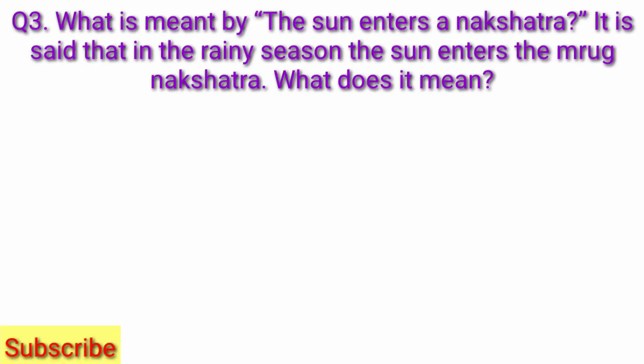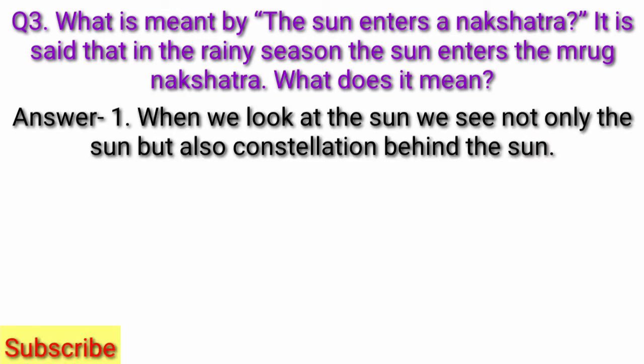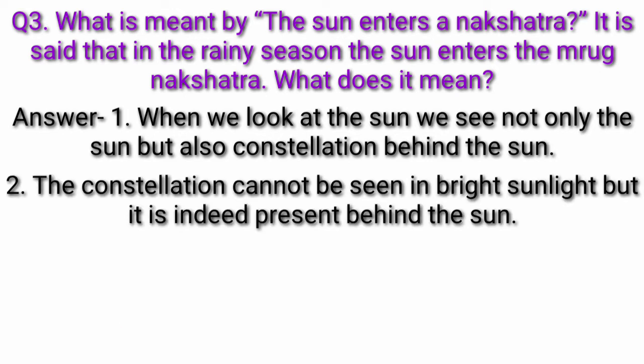Question 3. What is meant by the sun enters a nakshatra? It is said that in the rainy season the sun enters the Mrug nakshatra. What does it mean? Answer. When we look at the sun, we see not only the sun but also the constellation behind the sun. The constellation cannot be seen in bright sunlight, but it is indeed present behind the sun.